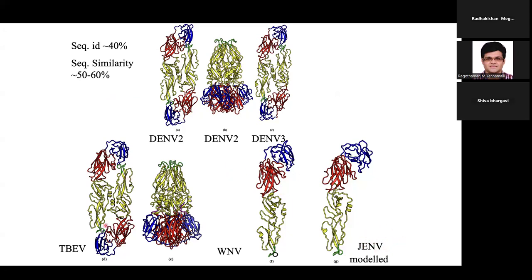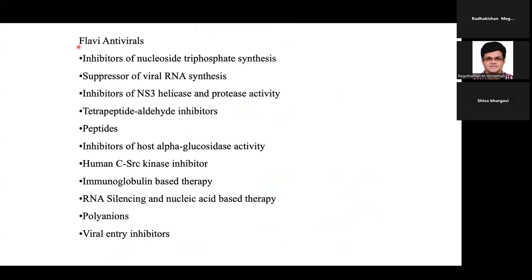Now, if you look at all these 3 different envelope proteins of those viruses, since they belong to the same Flaviviridae family, their sequence may not be very high in terms of identity and similarity, but you can see that the structure is highly similar across the various parts of the flavivirus.